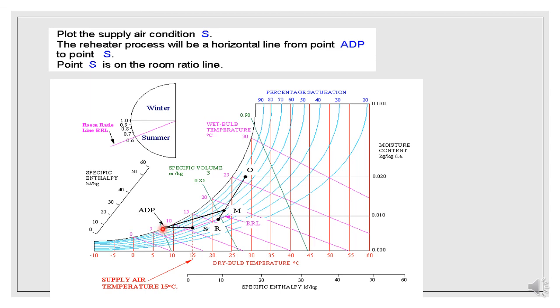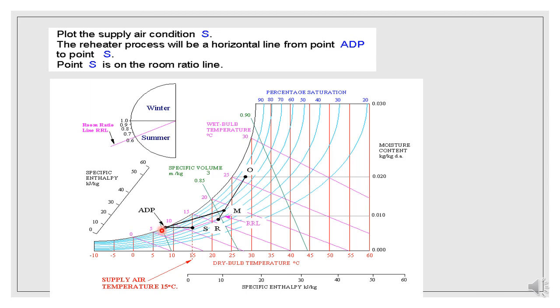And we know in the psychrometric chart, for a reheating-only process, we draw a horizontal line via the ADP, the apparatus dew point, until it intersects the RSHF line, or RRL line in this case.